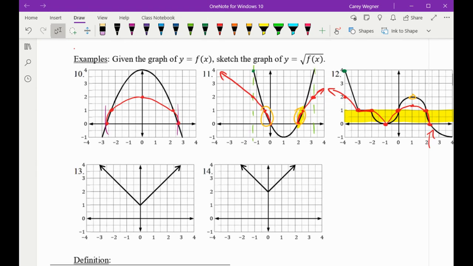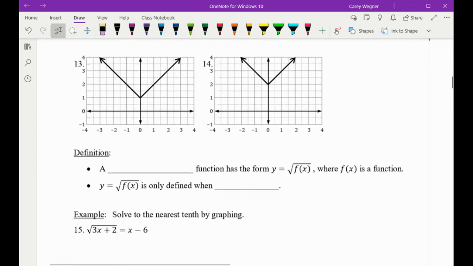For question number 13, as I look for invariant points, I don't have any y values of 0. I do have a y value of 1 here, so that will be an invariant point. And as I look at where my original function had a 4, the square root of 4 is 2, so I have a point here and a point there. My graph is going to be curving up like this, and I don't want to use a ruler because it will be a curve.